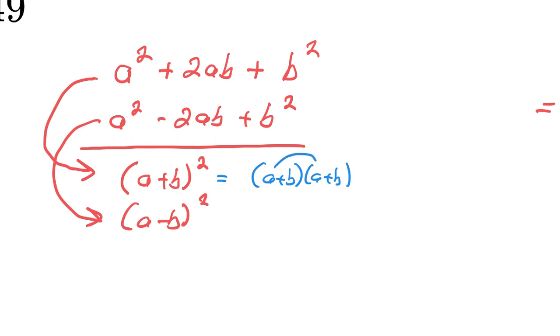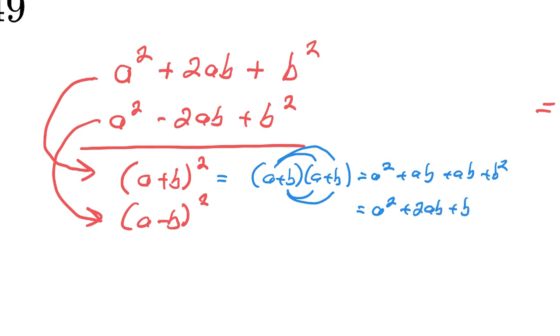So a times a is a squared, a times b is ab, b times a is ab, and b times b is b squared. So that indeed is what I started with. And that is a perfect square trinomial.